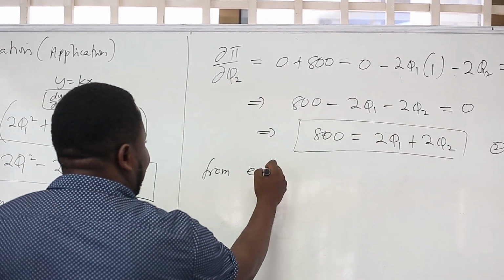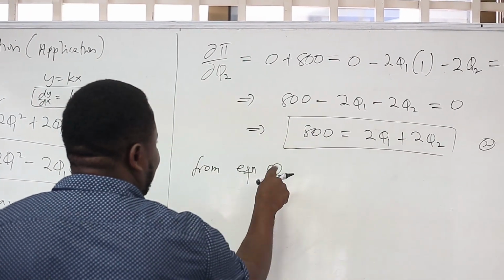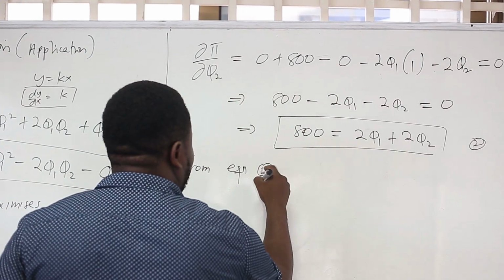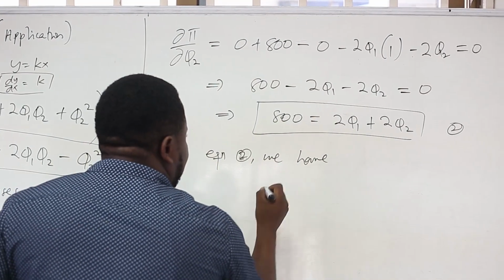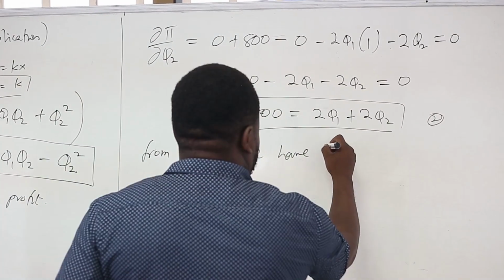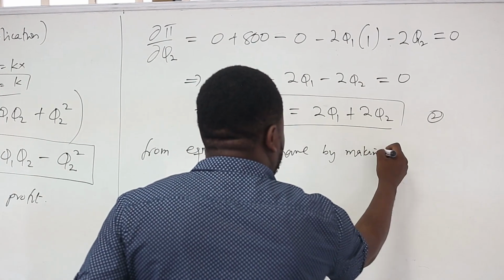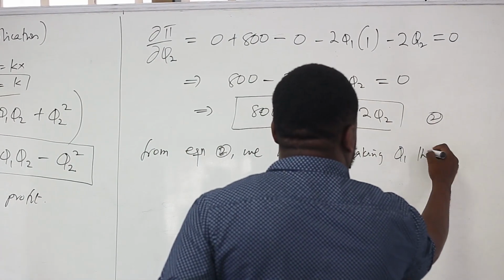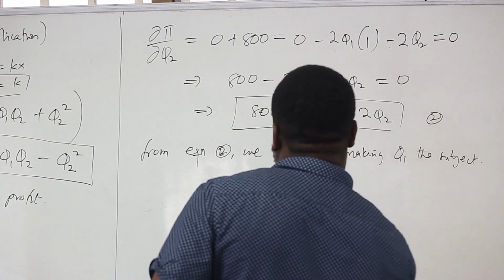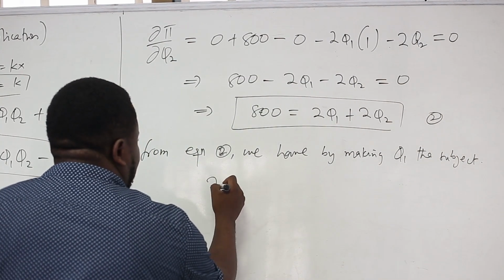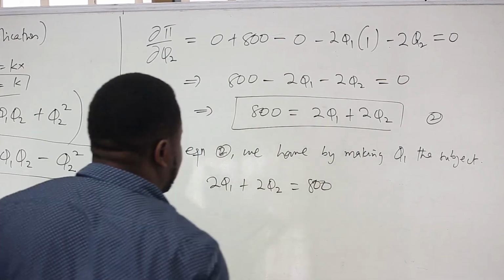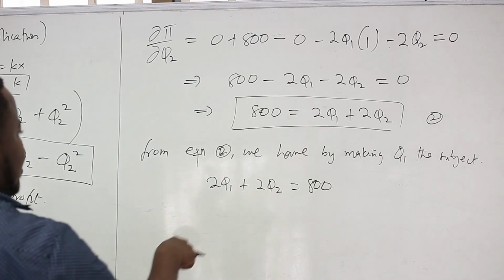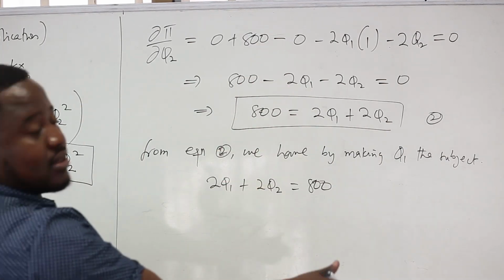So from equation 2, by making Q1 the subject, 2Q1 plus 2Q2 is equal to 800. Since I'm making Q1 the subject, I will send this one to the other side.